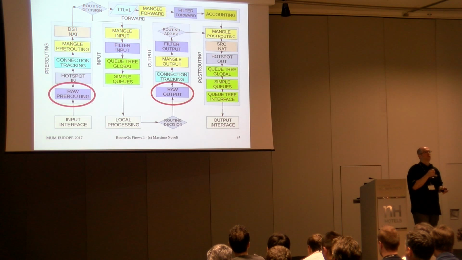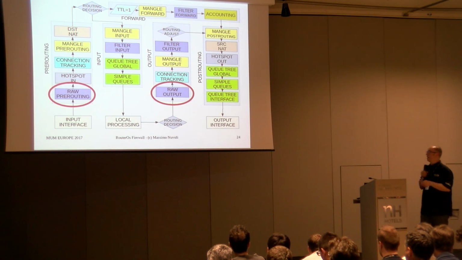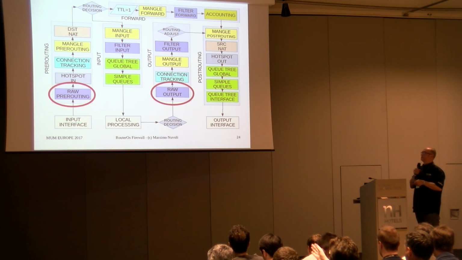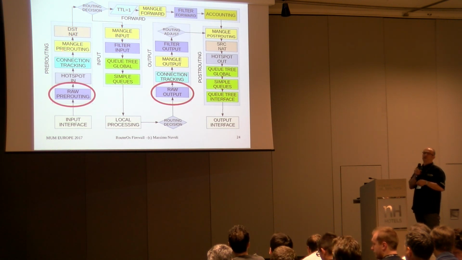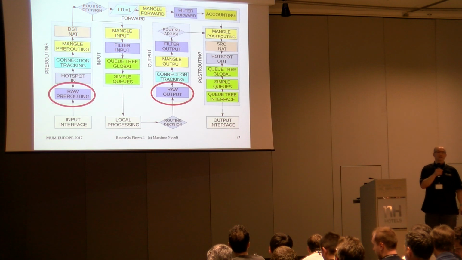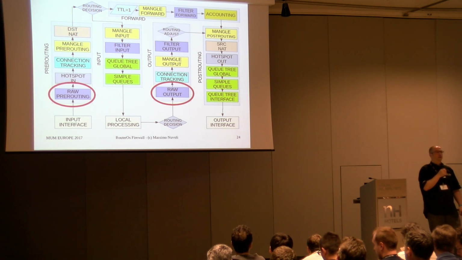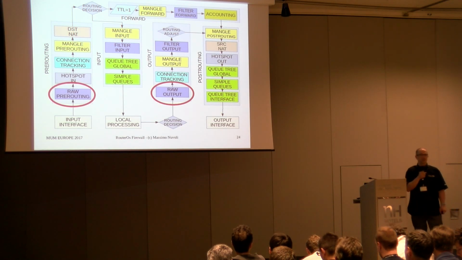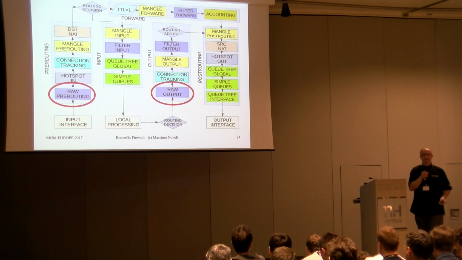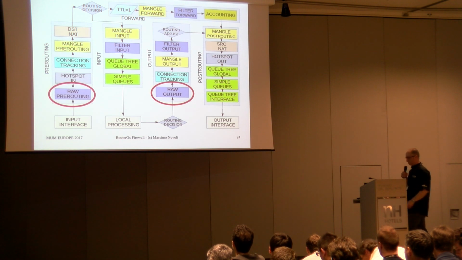This is CPU consuming and also memory consuming, because the RouterOS system must do connection tracking. Dropping a packet in a raw table means that you don't have connection tracking for this item. This packet disappears. It's very important.